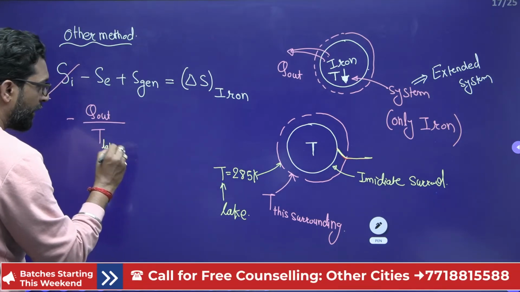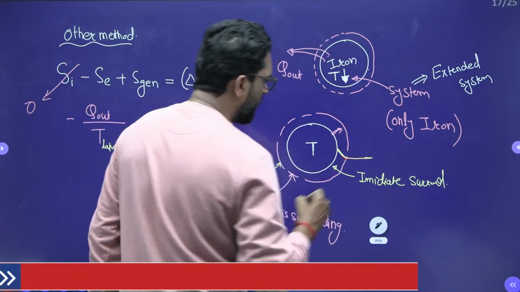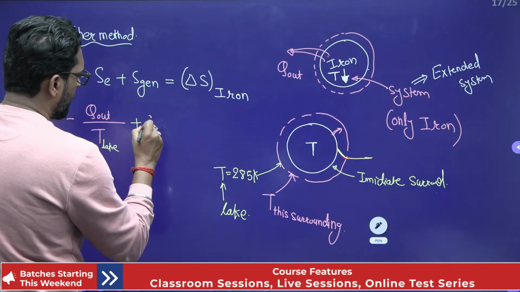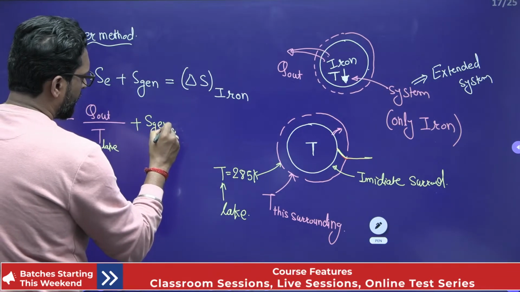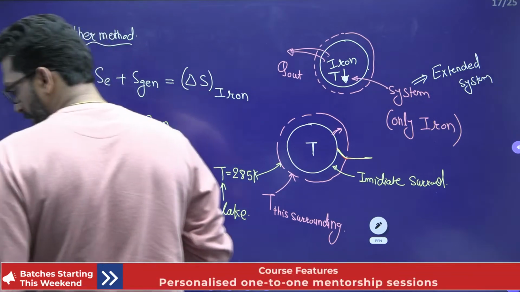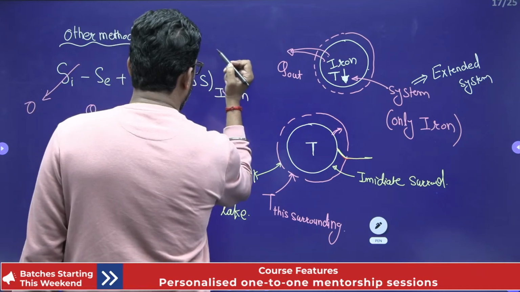Very important, I'm telling you. So S exit is Q out divided by T of lake, plus S generation, and that S generation is equal to delta S of the extended system. Now this is not just iron, this is an extended system.